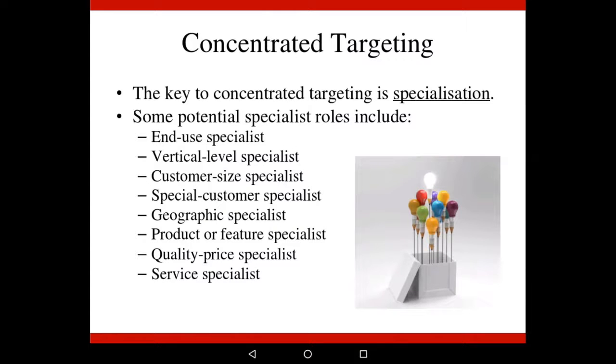You can read more about what those are in your textbook for more detailed definitions of each of them.